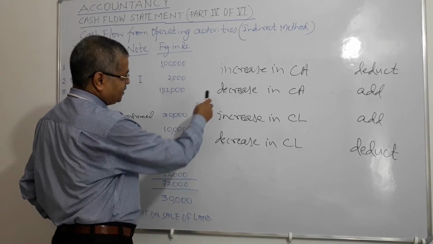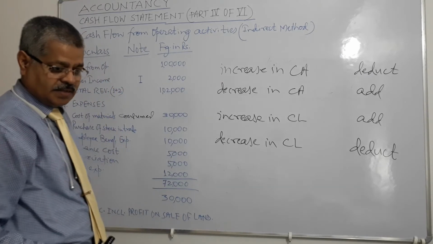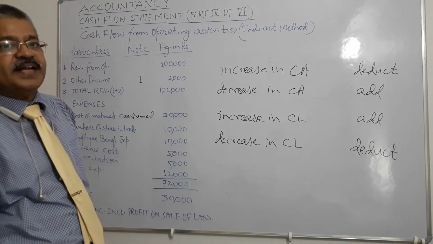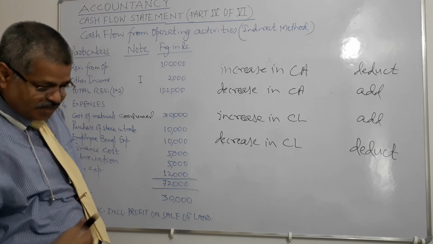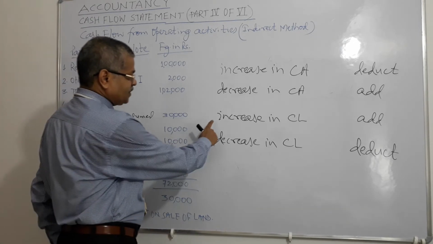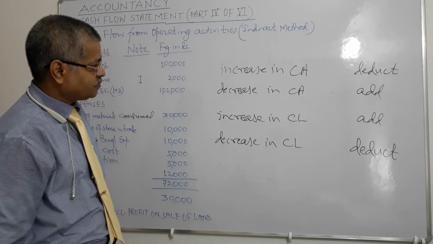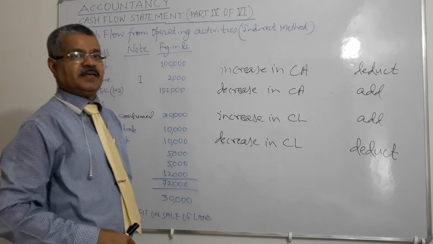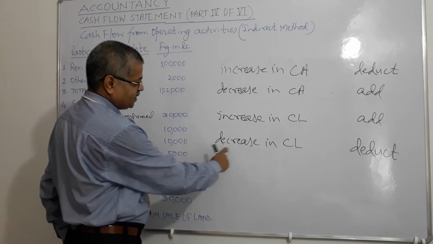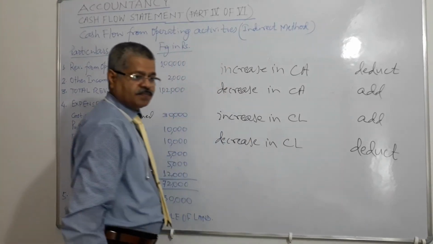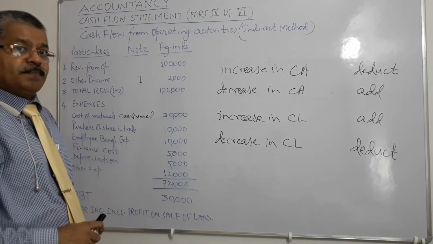When there is a decrease in current assets, cash inflow takes place. When there is an increase in current liability, what happens? Cash inflow takes place. When there is a decrease in current liability, cash is used up, right?